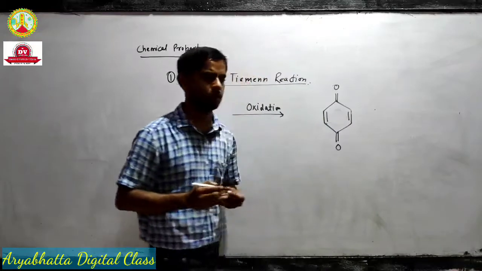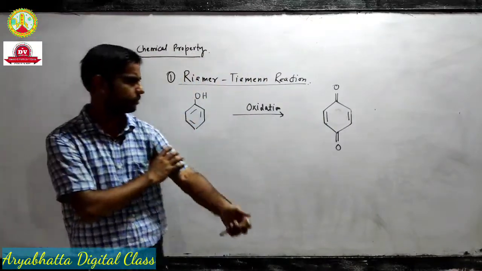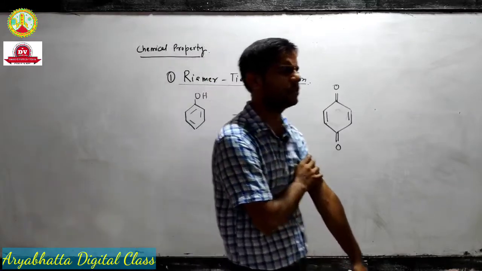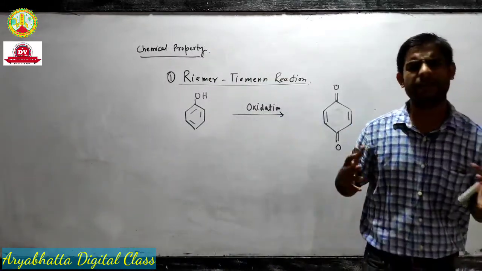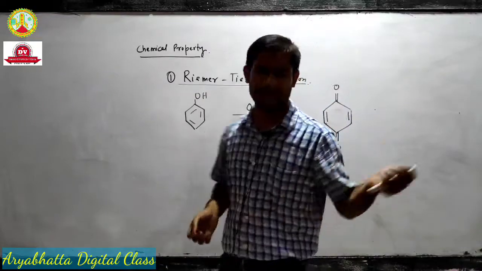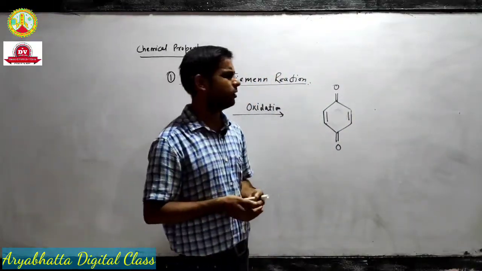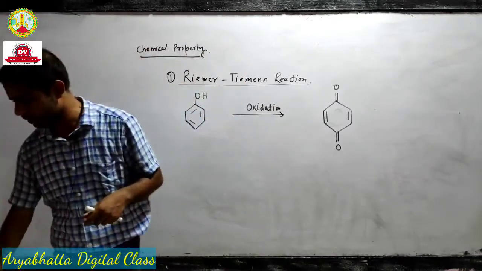This is called quinone. Okay, quinone. So oxidation, these are simple reactions, so you can just practice 2 to 3 times or 4 times. Just write down this reaction 4 or 5 times. Okay, and you will remember these reactions.